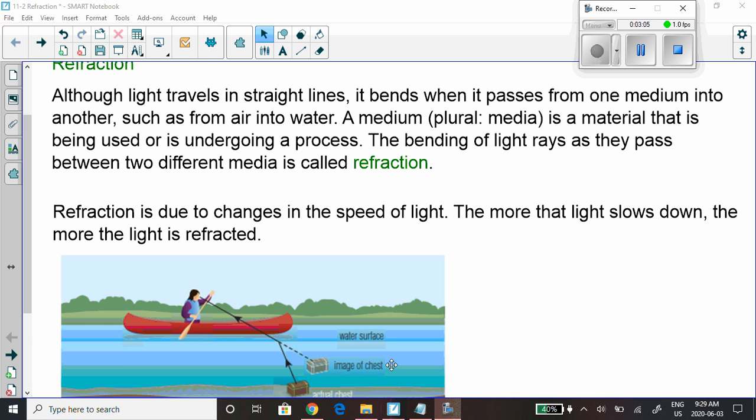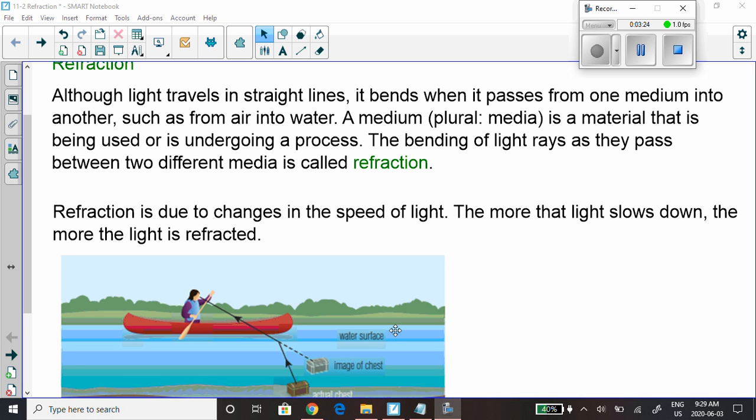Now, water and air are different materials that light can travel through. What a scientist would call these materials is a medium. The medium known as water, the medium known as air.